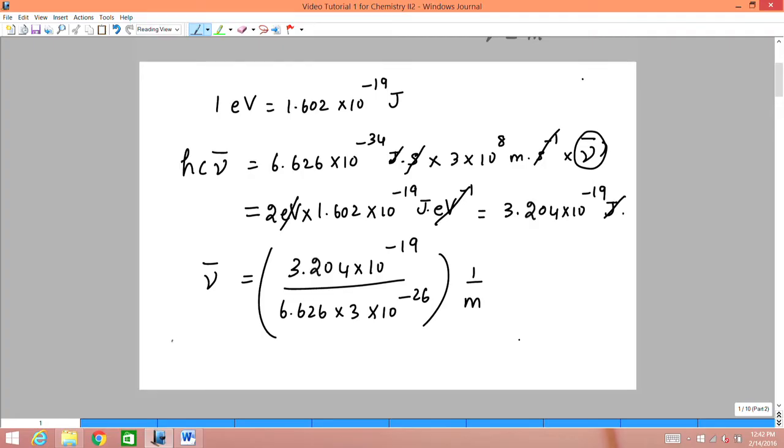Okay. So dimensions and units are extremely important, and in the similar manner you can calculate nu, you can calculate hc by lambda. Okay.